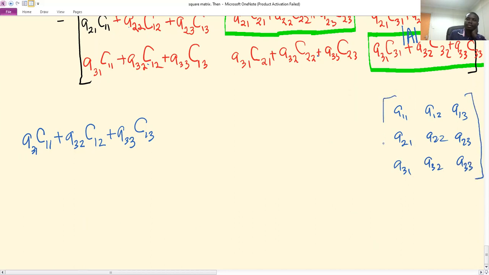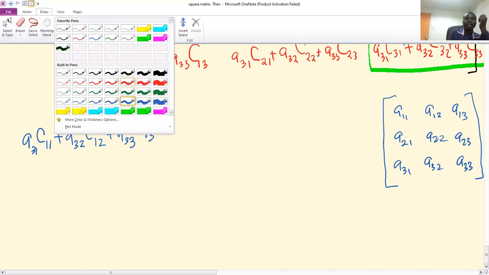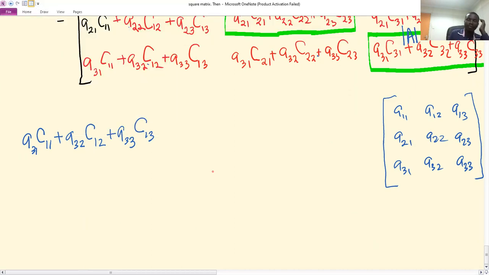Remember, if you want to find the cofactors, you simply multiply the minor of every element by its corresponding sign given by (-1) raised to the power r plus c, where r is the row number and c is the column number.